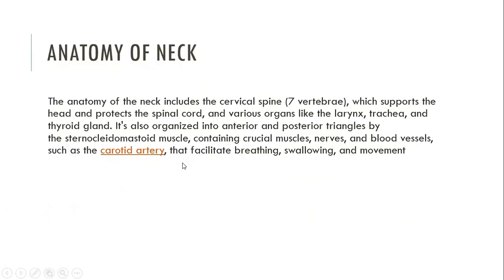Now we come to the anatomy of the neck. Basically it includes the cervical spine, that is 7 vertebrae, which supports the head and protects the spinal cord, and various organs like the larynx, trachea, and thyroid gland. It is also organized into anterior and posterior triangles by the sternocleidomastoid muscle, containing crucial muscles, nerves, and blood vessels such as the carotid artery that facilitate breathing, swallowing, and movement.